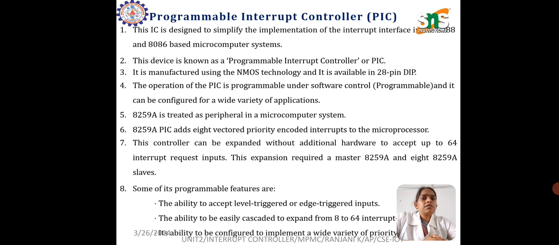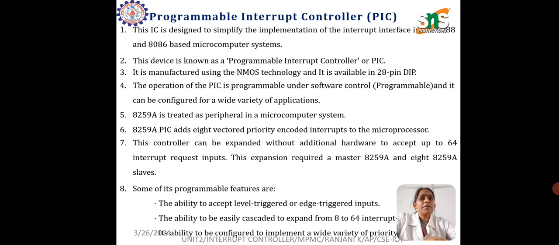8259A is treated as a peripheral in a microcomputer system, and the 8259 PIC adds 8 vectored priority encoded interrupts to the microprocessor. This controller can be expanded with additional hardware to accept up to 64 interrupt request inputs. Some of its programmable features: Intel 8259 is designed for 8085 and 8086 processors.